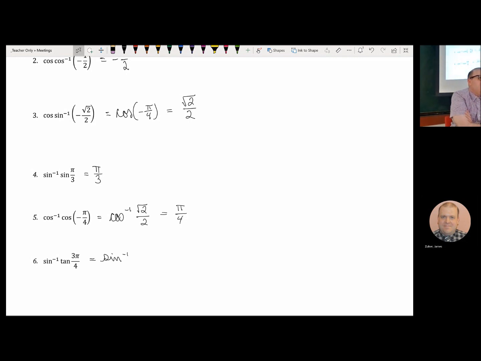Oh. Just pi over 4. What's tangent of pi over 4? 1. Where is 3 pi over 4 located? What quadrant? Is tangent positive or negative? So tangent of 3 pi over 4 is -1.